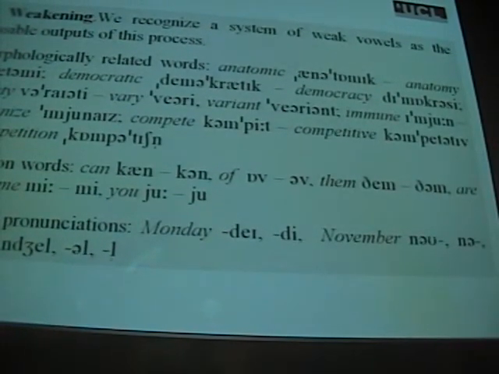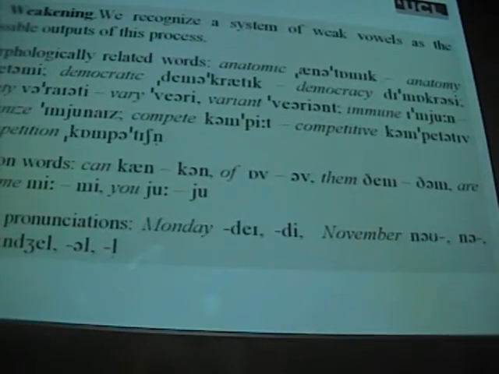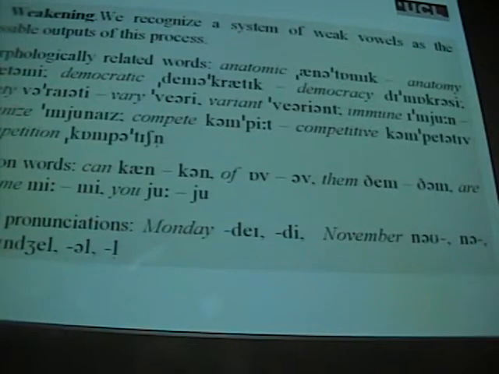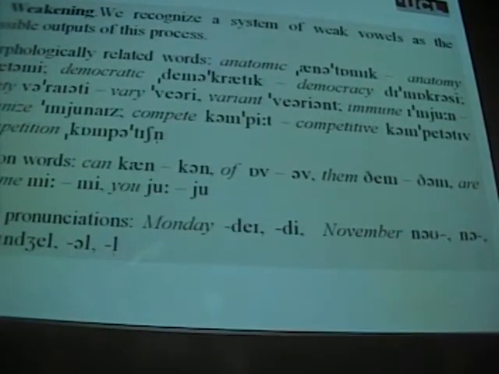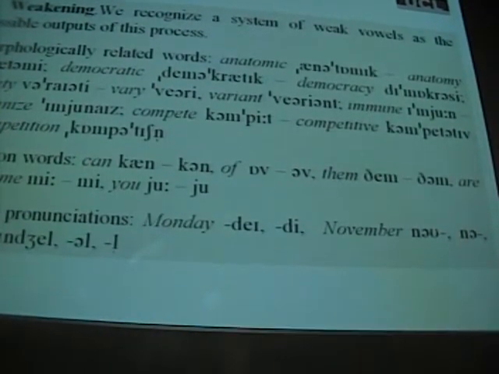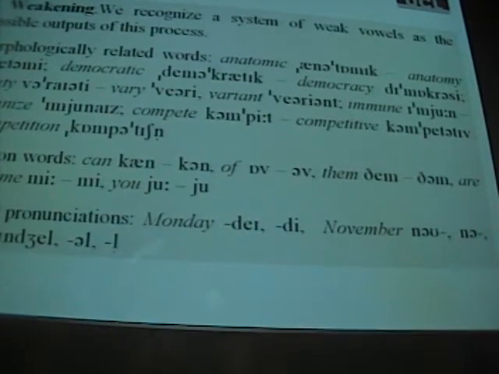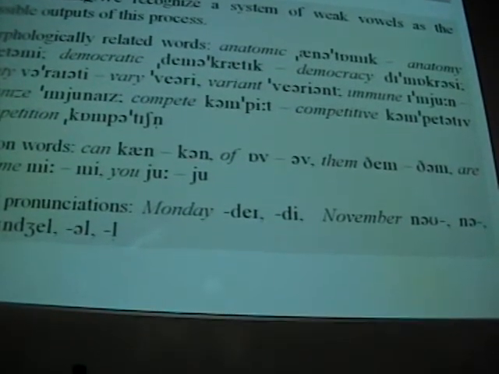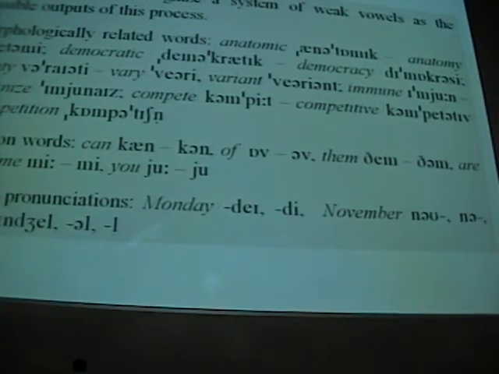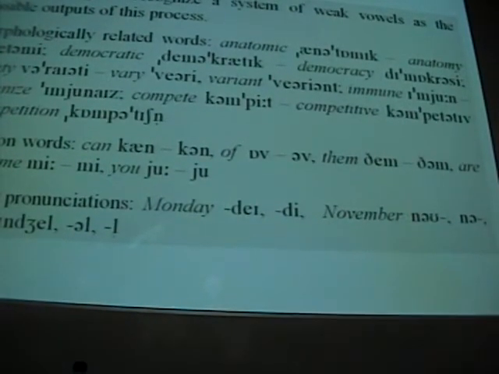They're auxiliary verbs, prepositions, articles, bits and pieces like that. So we have a strong form, can, and a weak form, can. A strong form, of, and a weak form, of, cup of tea. Strong form, them, weak form, them. I've got them with me. Strong form, are, weak form, What are those? I'll tell you what they are. Me, we've discussed, you, we've discussed.